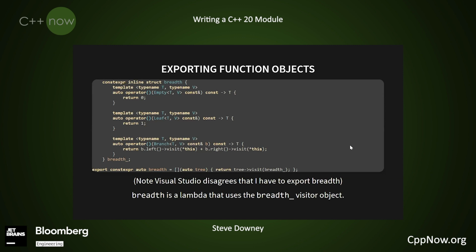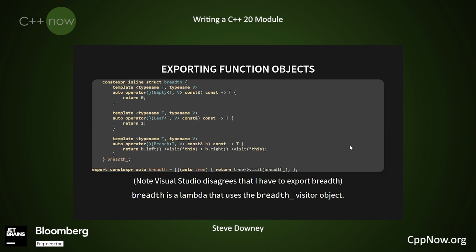Visual Studio disagreed that I had to export the breadth object. I think I do. This may be a case where some things are visible that you don't have to, without you having exported them. So breadth is a lambda, and the struct is then reachable. And the code basically just works.